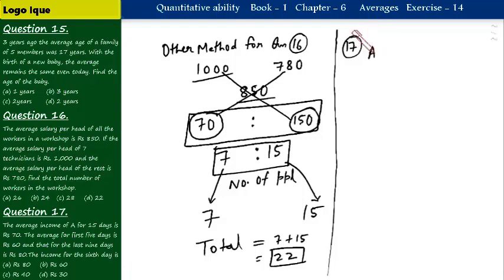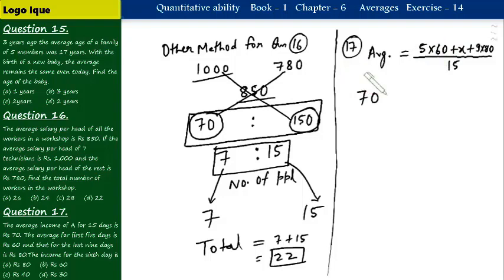The average will be equal to, for the first 5 days, 5 into 60, for the 6th day X, and for the last 9 days 9 into 80, the total income for 15 days, whole divided by 15. The average is given as 70.